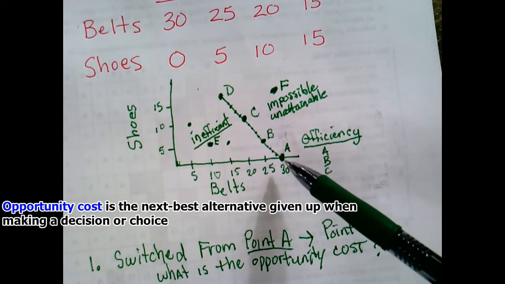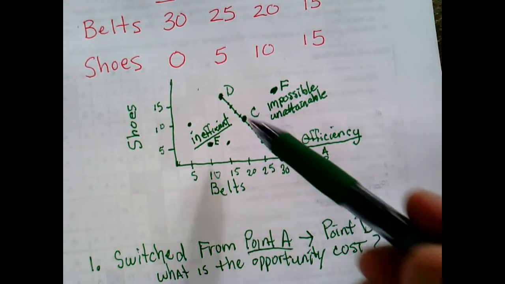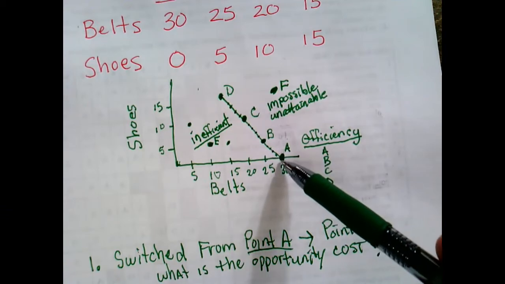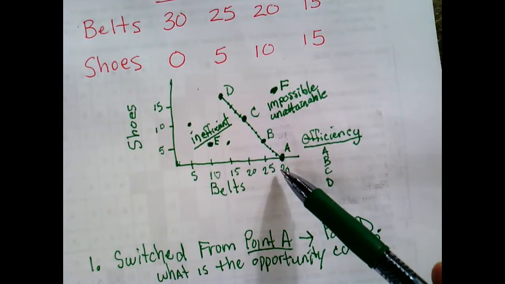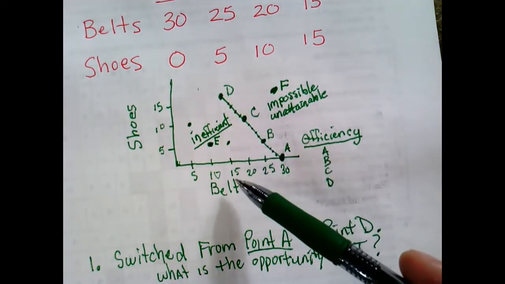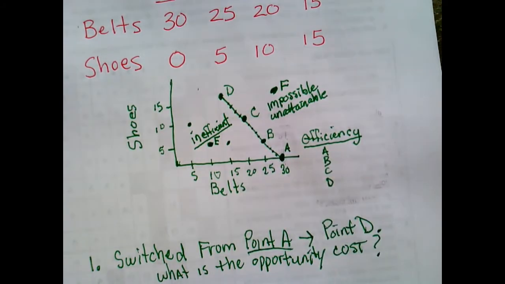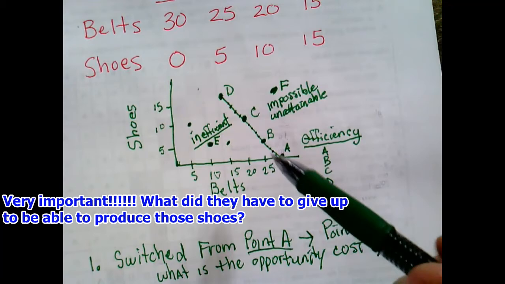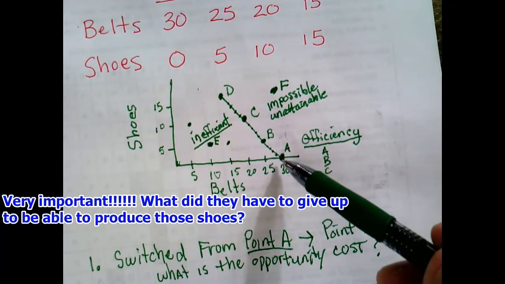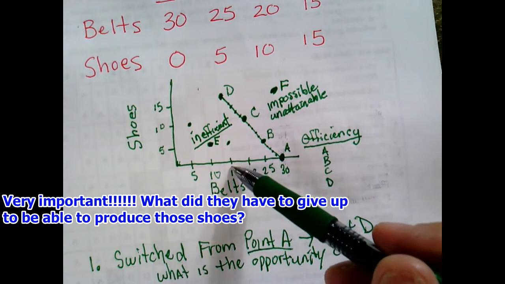So they're switching to point D, but they gave up point A. So if we go from point A to point D, the good thing is they weren't able to produce any shoes at point A. Now they're able to produce 15 shoes. But the opportunity cost in that, what did they have to give up to be able to do that? So the answer is they went from 30 belts to 15 belts, right?